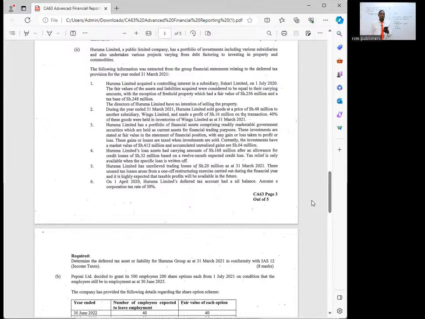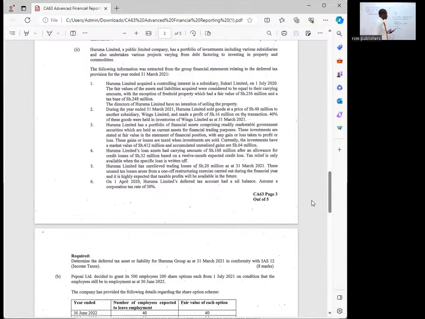As I read this question, in fact, I'm at the last point. Please make sure that you take a picture of that question, after which we shall be getting the solution to this. On 1st April 2020, Huruma Limited's deferred tax account had a nil balance. Assume a corporation tax rate of 30%.